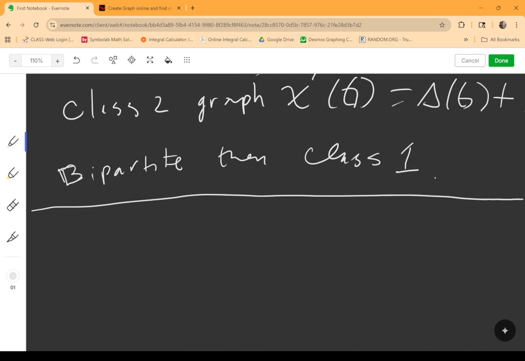Now another thing that comes up when trying to model situations is whether you should be looking for the chromatic number or the chromatic index, a proper vertex coloring or a proper edge coloring.